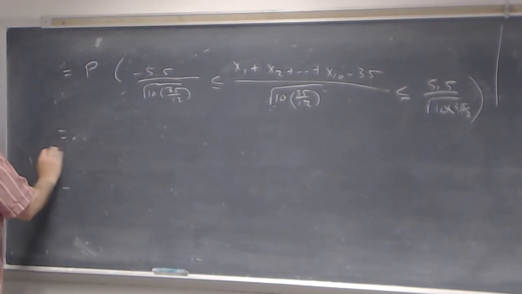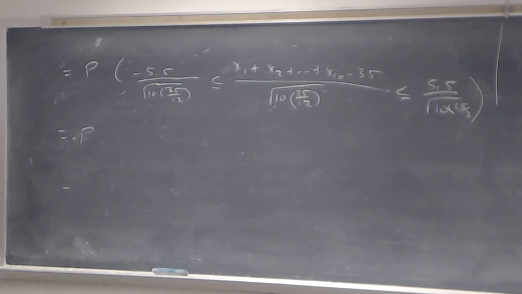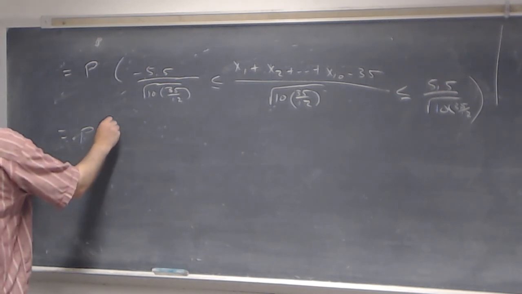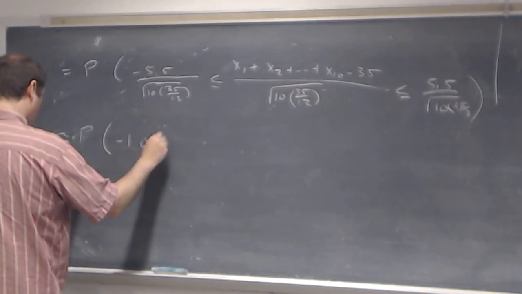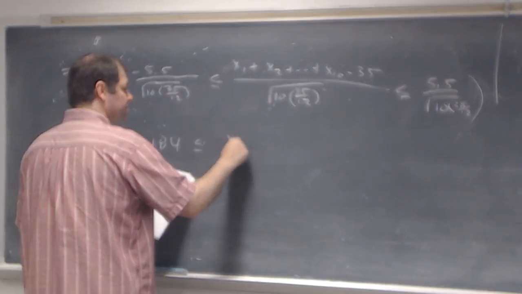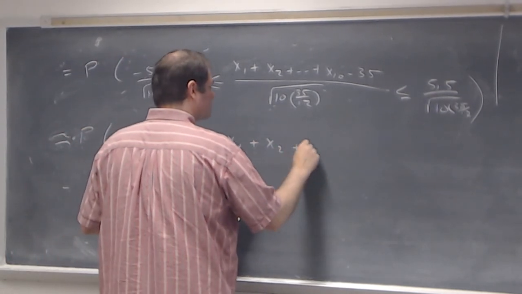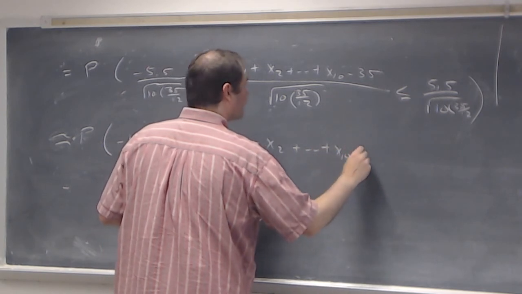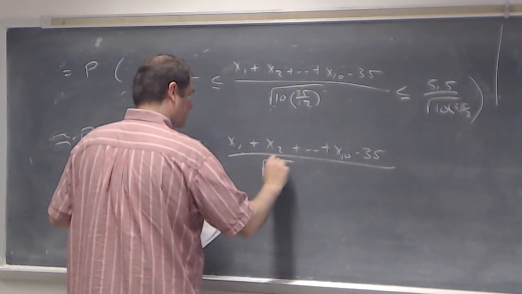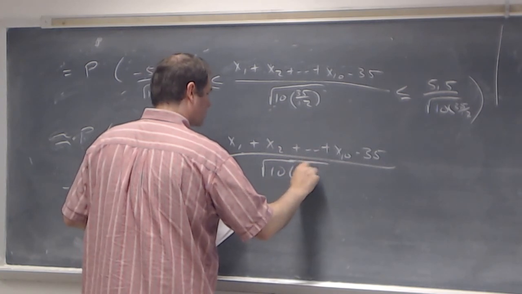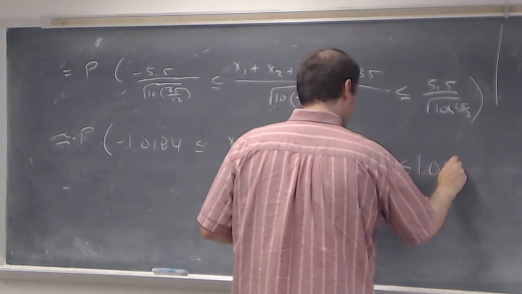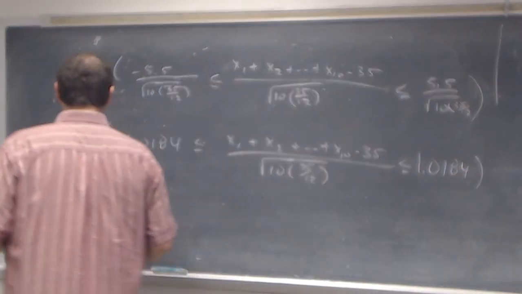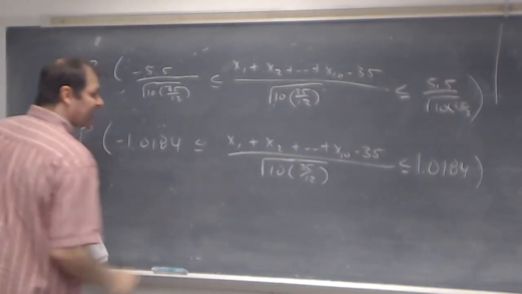Okay, this is the same thing as the probability of approximately, let's do some rounding here, minus 1.0184 less than or equal to this quantity in the middle, less than or equal to 1.0184. Okay? And so this is like the standard normal.